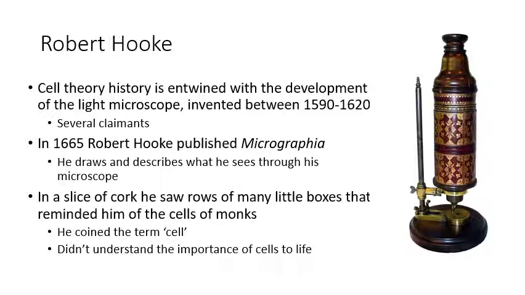Well, that's a cell. So he was looking at cork cells, and he's the reason why we have the word cell, even though he didn't know the importance of the cell at all. And that image there is a reproduction of the microscope that he used. So you can see it's very pretty and pretty simple.